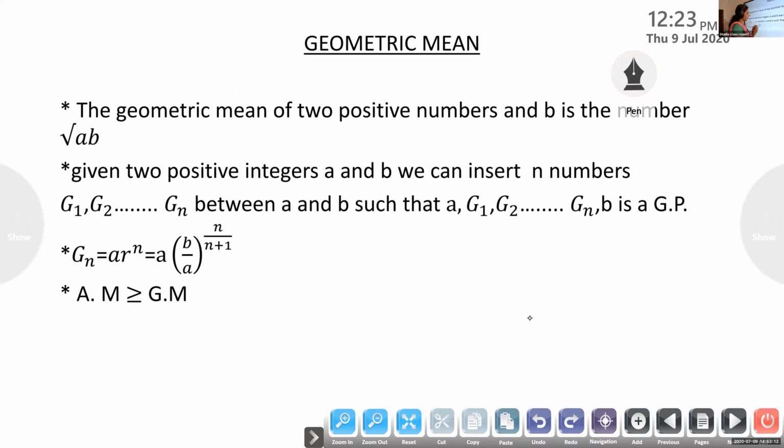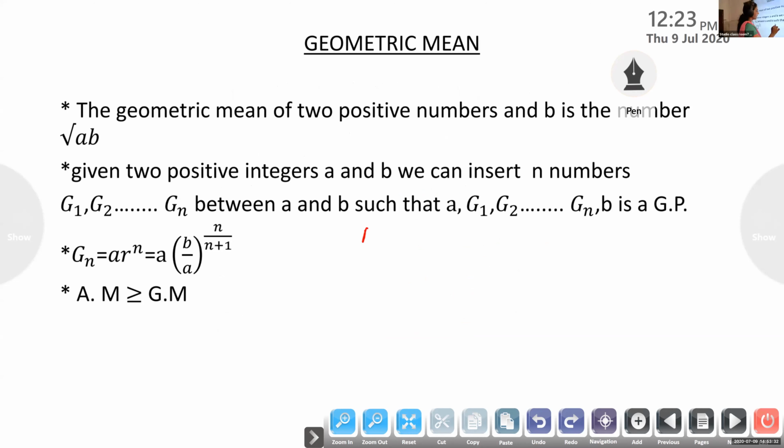Okay, and yesterday what we have learned? Suppose you are given two numbers a and b. Arithmetic mean is given by, Krishna Chandran, unmute and say the answer. A plus b by 2. Yes, correct.